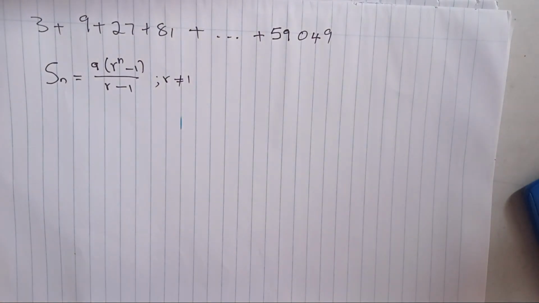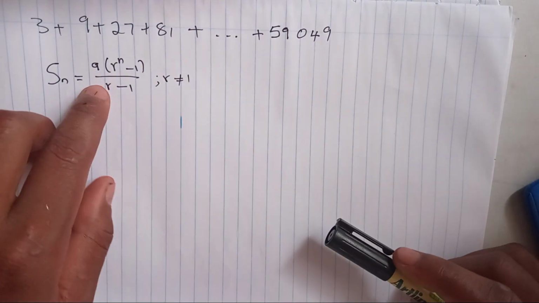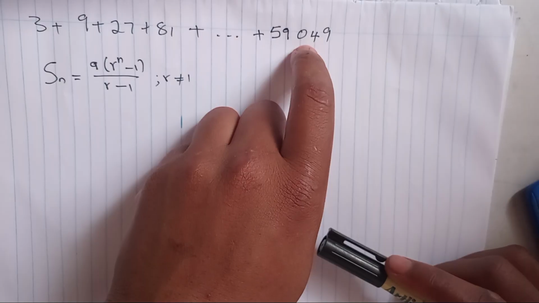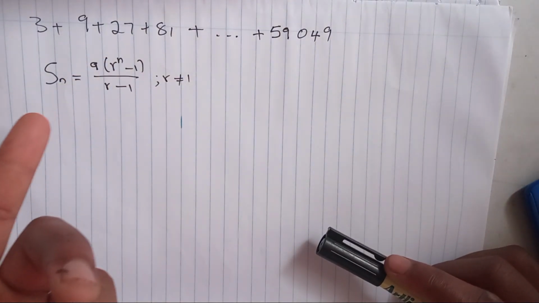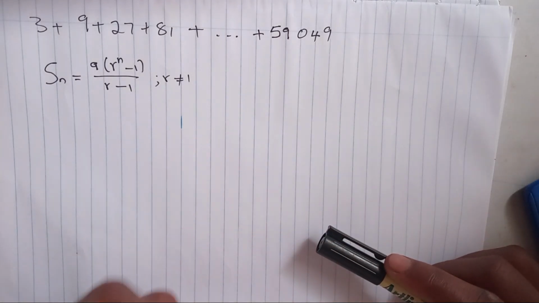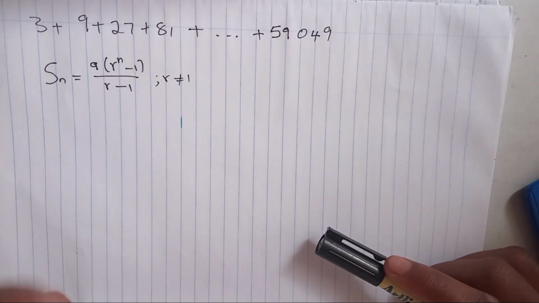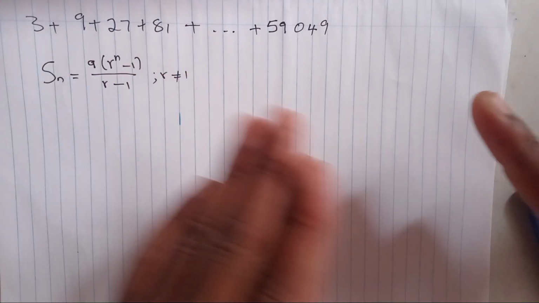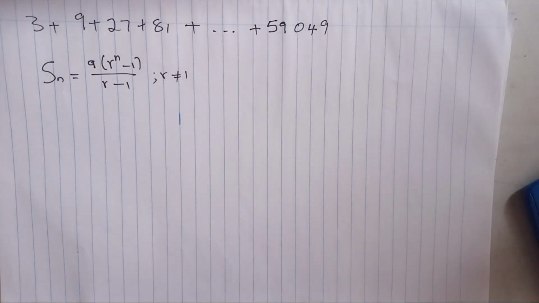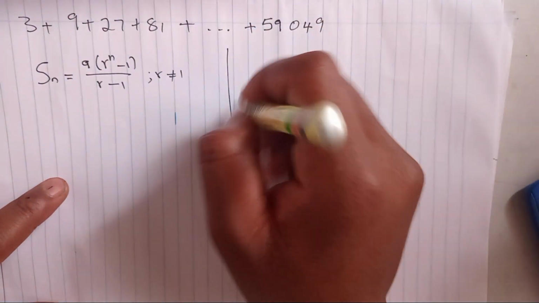Now, in order for us to get the sum for this, we have to find the value of the last term. So how are we going to work out what is the last term in this case? Okay, we have the last term.